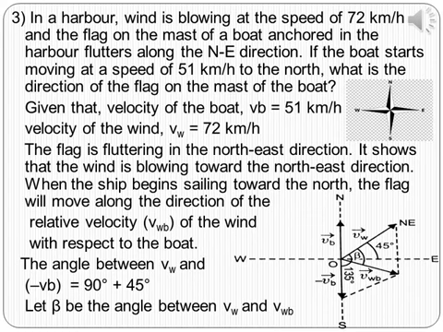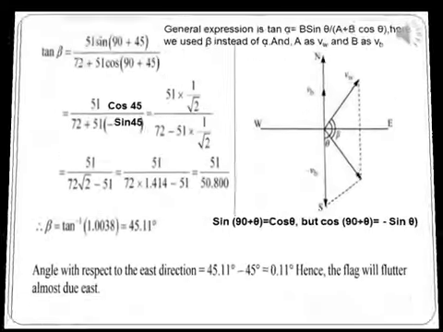Let VWB be the relative velocity of the wind with respect to the boat. Then the angle between VW and minus VB, as shown in the given figure, is equal to 90 plus 45 degree. Let beta be the angle between VW and VWB.